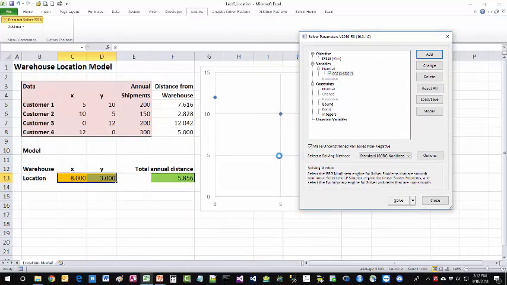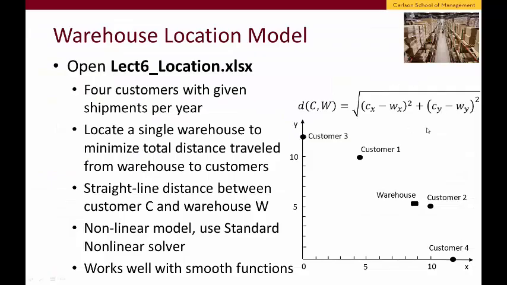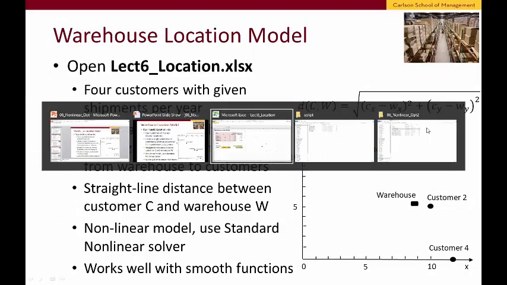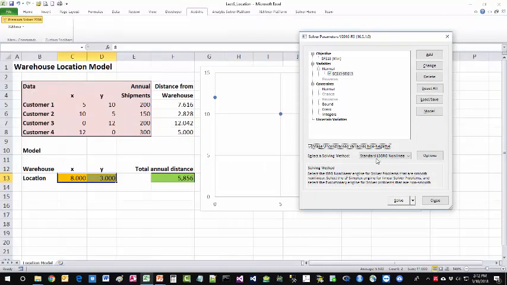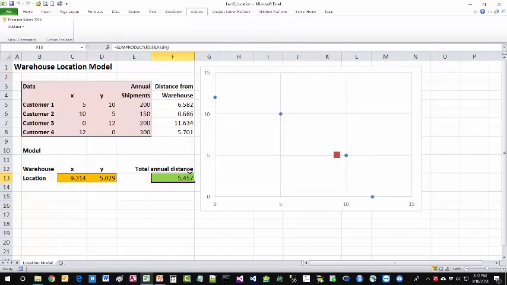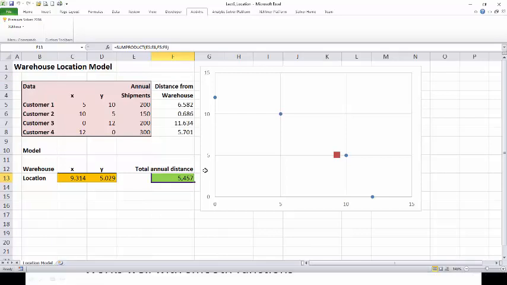Again, because the Euclidean distance equation is a smooth function, we can use the standard LSGRG nonlinear method, and it's going to find the solution pretty quickly, improving this weighted distance by about 400 distance units.